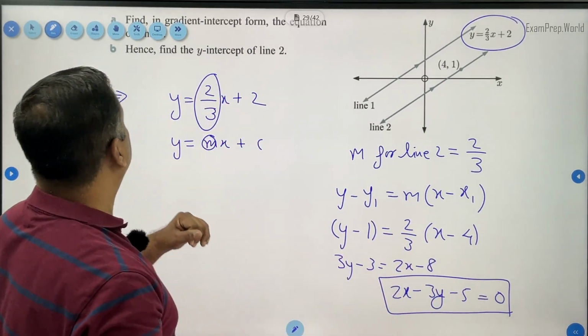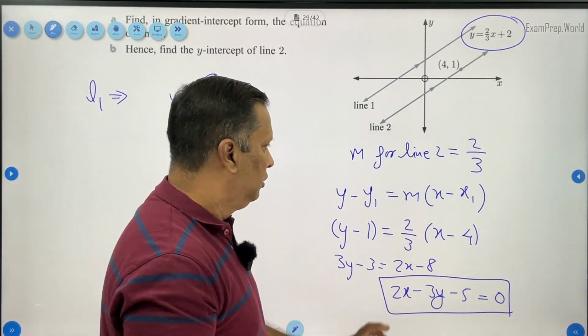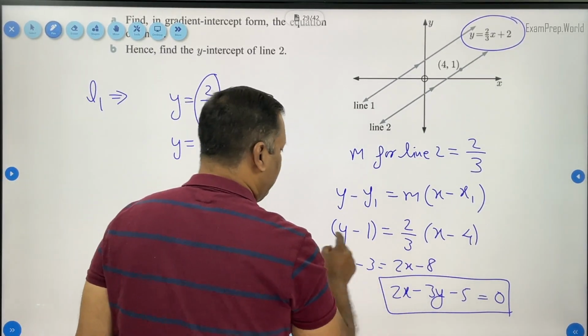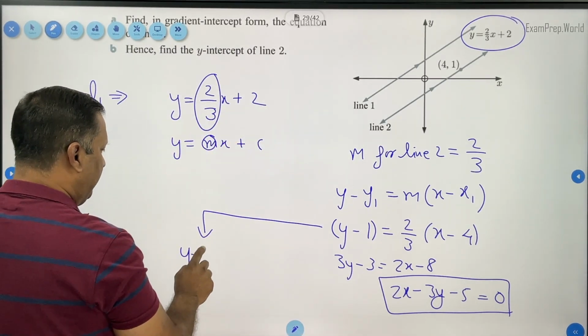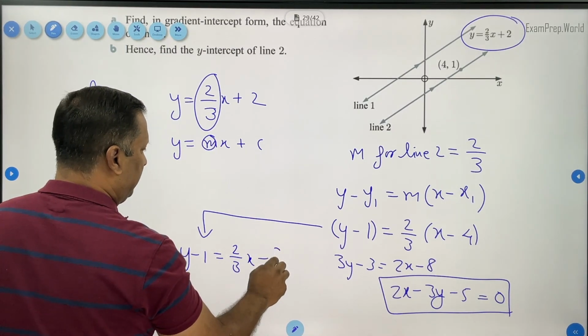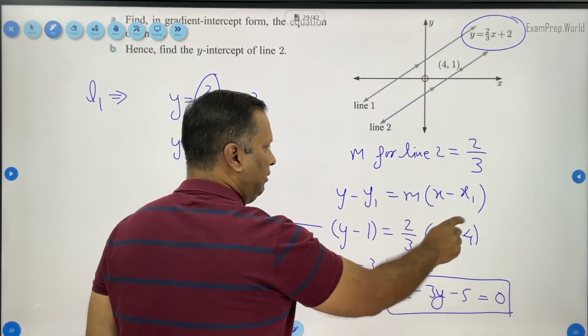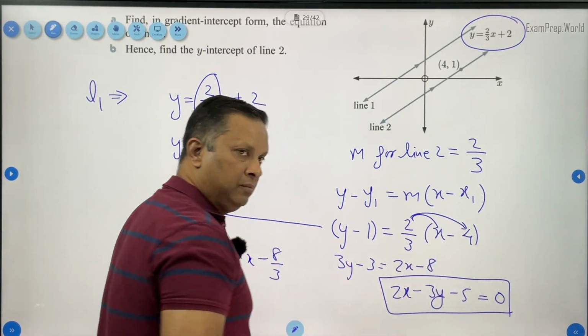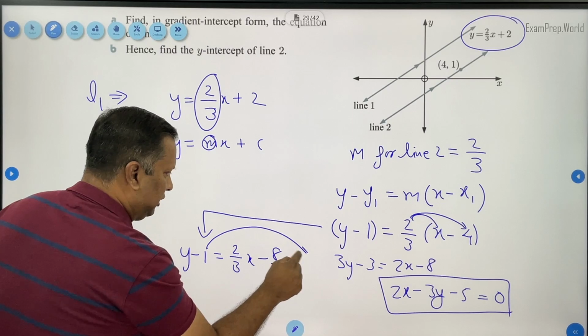But remember, they are asking you for gradient intercept form. So this is the normal form, and I will go back from here. y minus 1 equals 2 by 3 x minus 8 by 3. I multiply 2 by 3 with x and 2 by 3 with 4. Now I have to take this negative 1 to the other side.